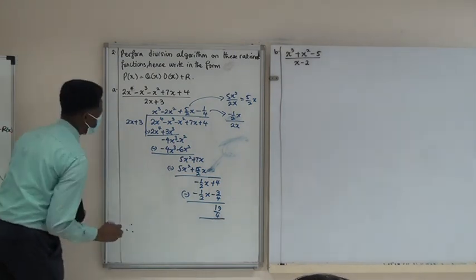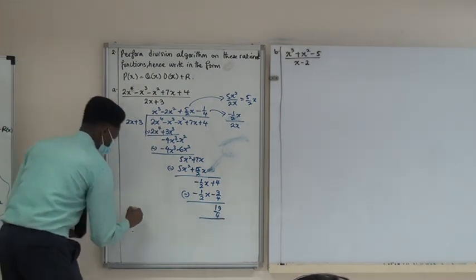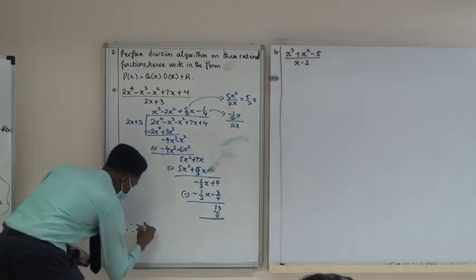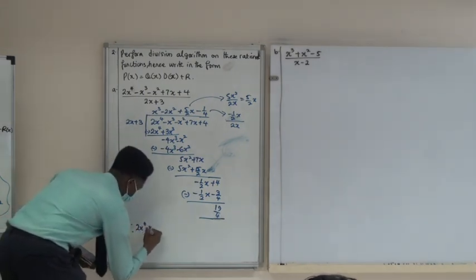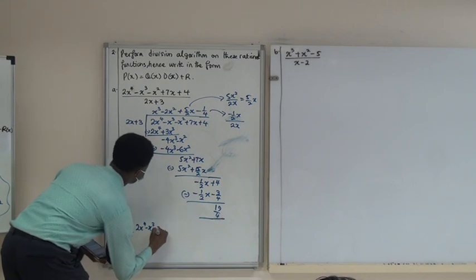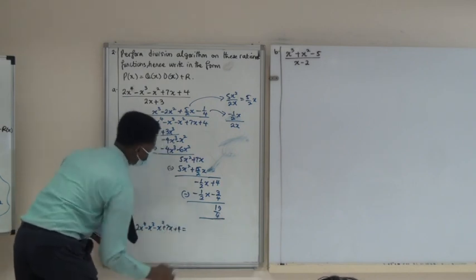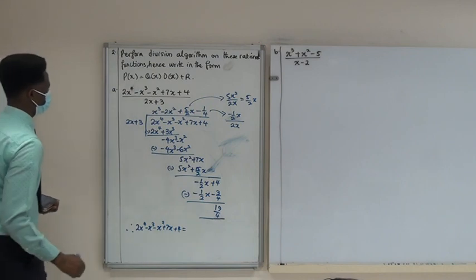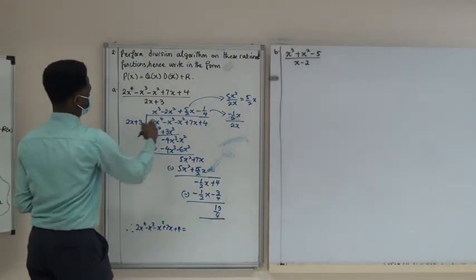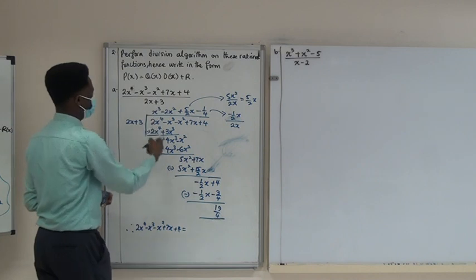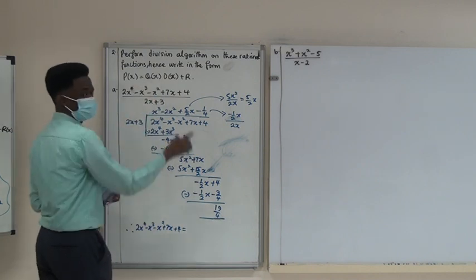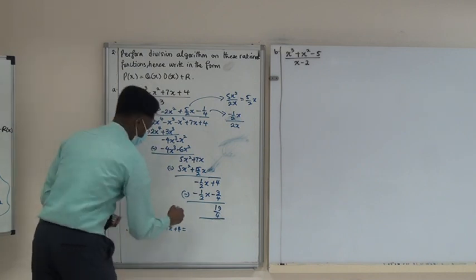Therefore, the polynomial 2x to the power of 4 minus x cubed minus x squared plus 7x plus 4 is equal to, yes? Quotient. This could come first also. So let's just write quotient, divisor. It could be divisor, quotient, it doesn't matter.